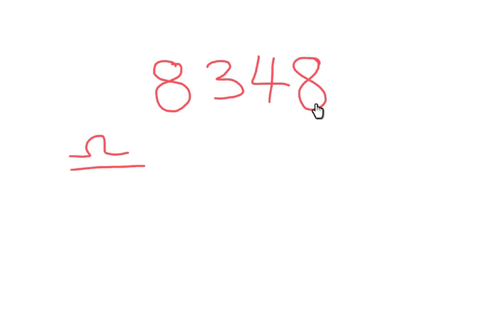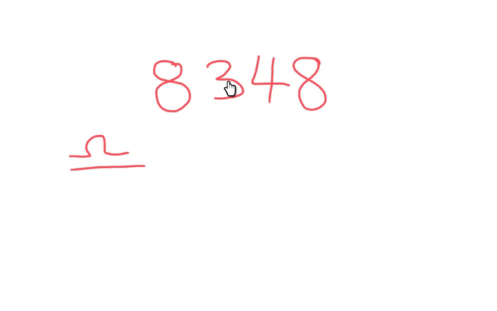Rounding up 8 units gives 10, making this 5. That is 4 tens plus 10 rounded off from 8 units. So we have 5 here. So this rounds up to 100, which adds to 300 here.